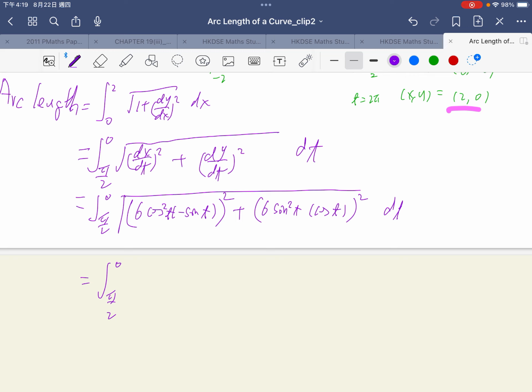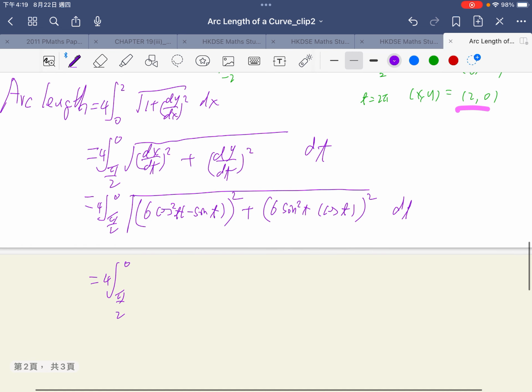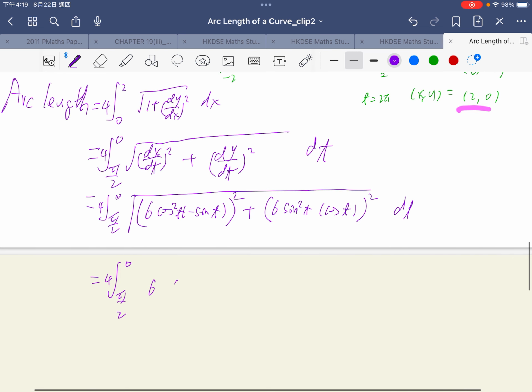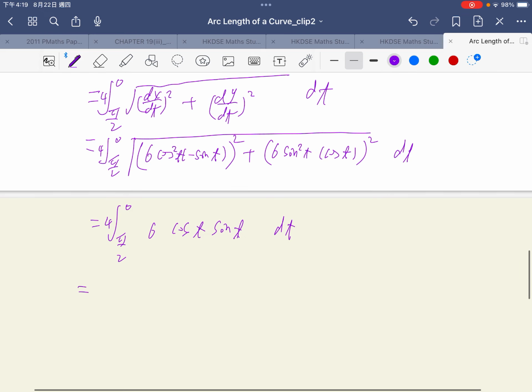After some simplification, this is actually very simple. Oh, sorry, I forgot to multiply by 4. This is 6 cosine t sine t dt.